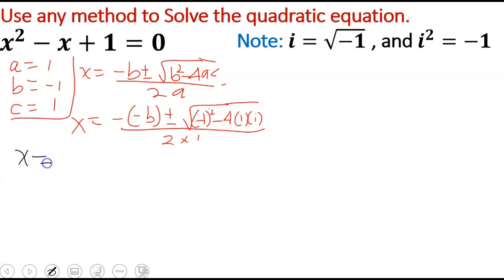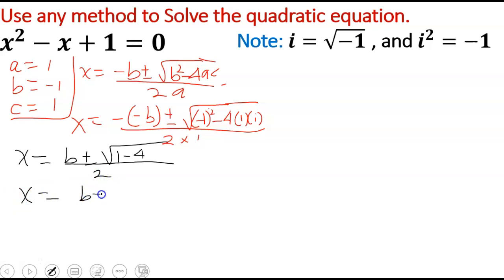Okay, x equals negative, is positive b plus or minus square root of negative 1 squared is 1, minus 4 times 1 is 4, over 2 times 1 is 2.